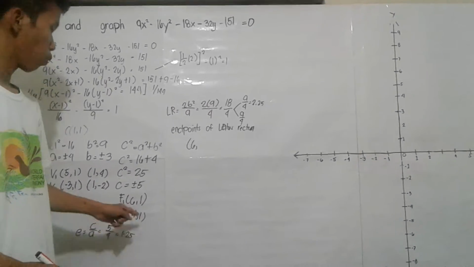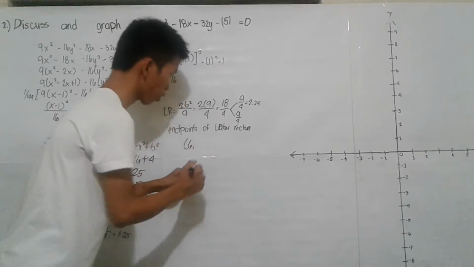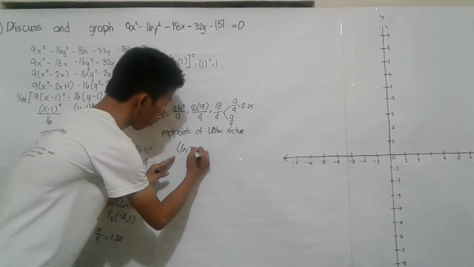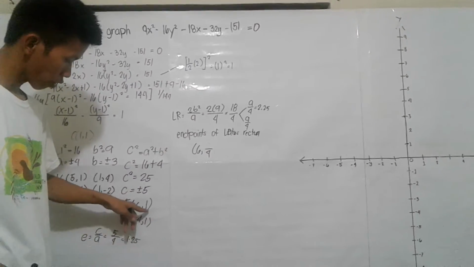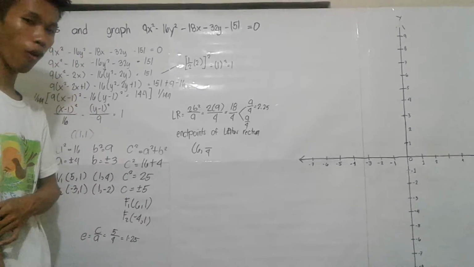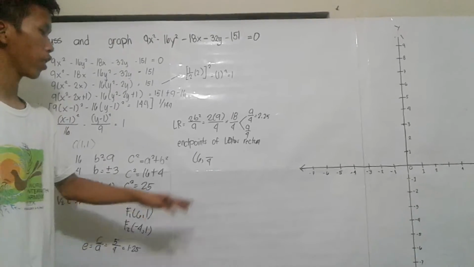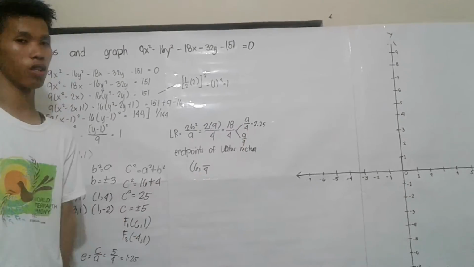So 1 minus 9/4 is, get the LCD. So the LCD is 4, and 4 divided by 1 is 4, then times 1 is 4, then 4 divided by 4 is 1, and times 9 is 9.